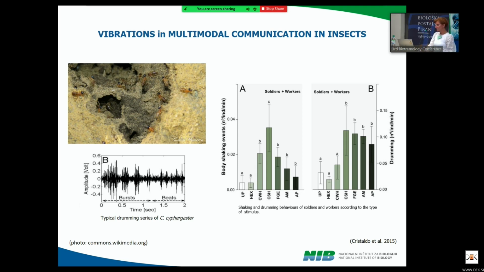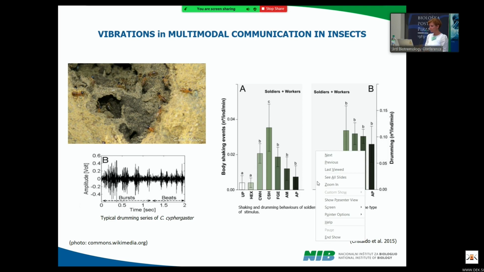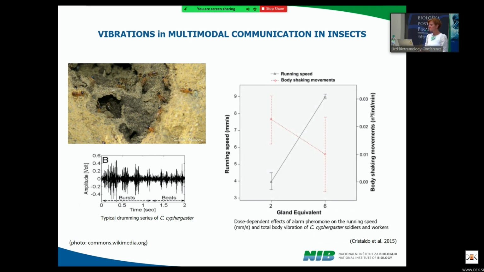As you can see in these last charts, in any case, when the soldiers and the workers were exposed to extracts that contain alarm pheromone, they exhibited higher vibratory intensity. And moreover, this response was shown to be dose-dependent.